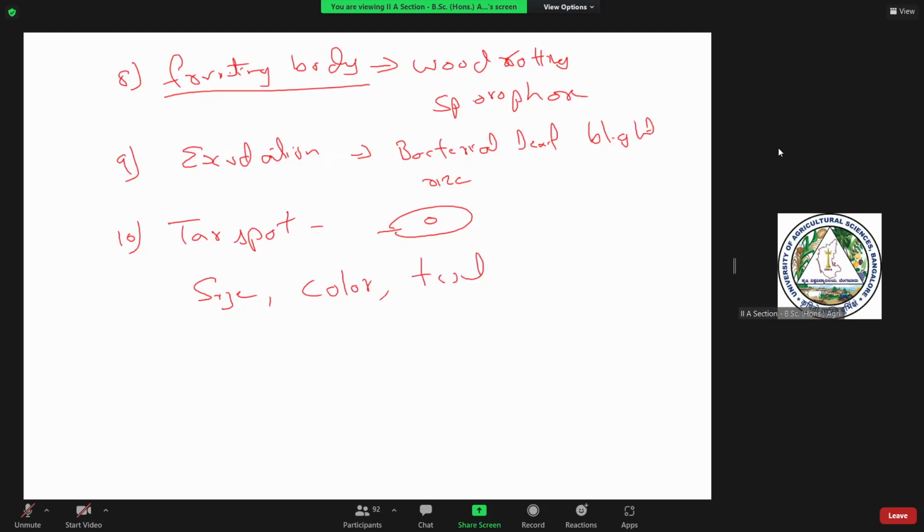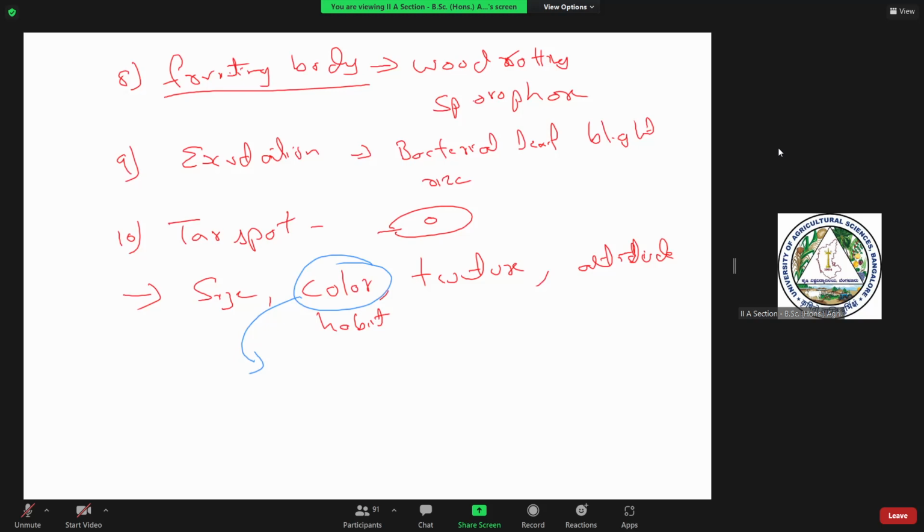The texture can also change. And the attitude and habit of the plants also change due to the disease symptoms. Among them, the color change is a common one, very often seen as a common symptom in all plants due to diseases.